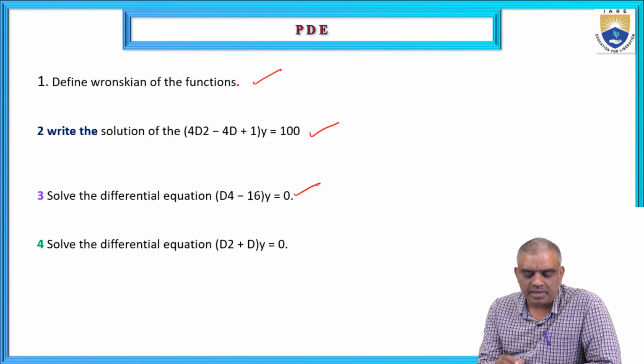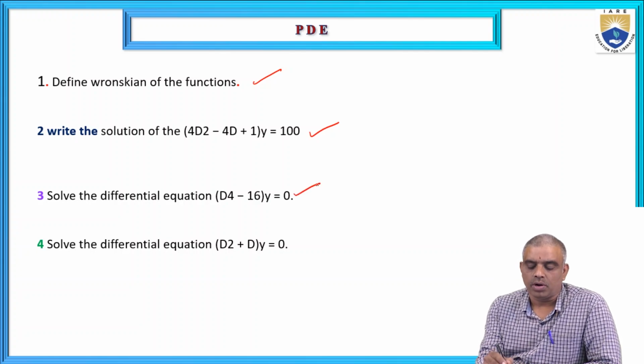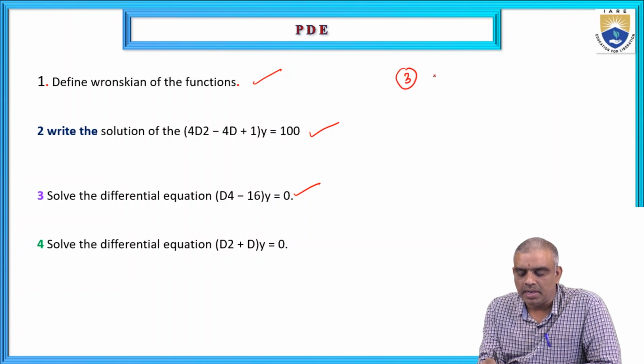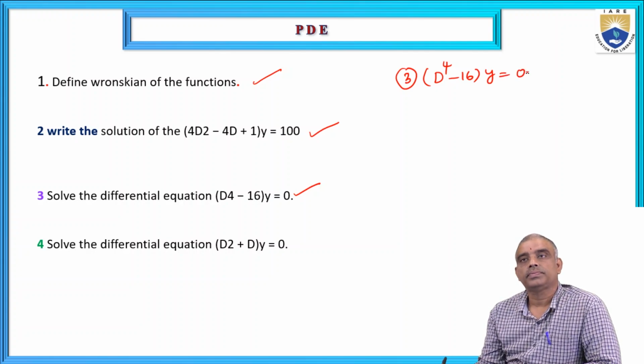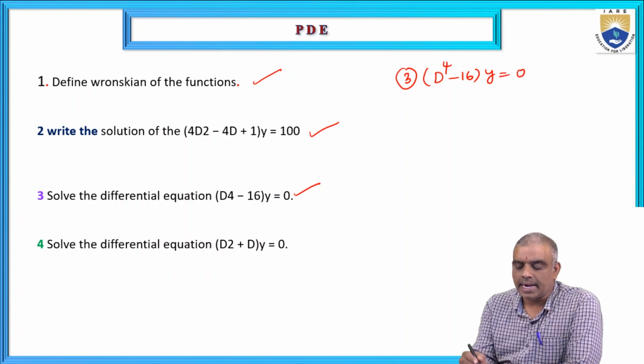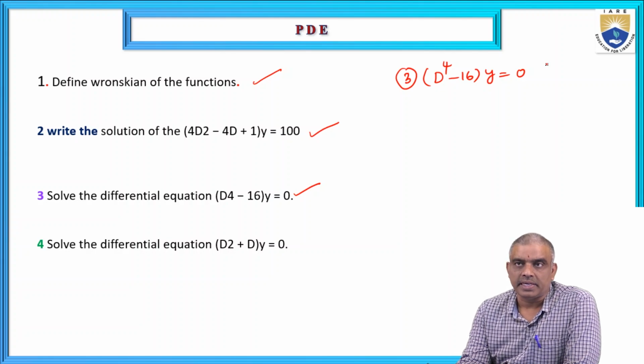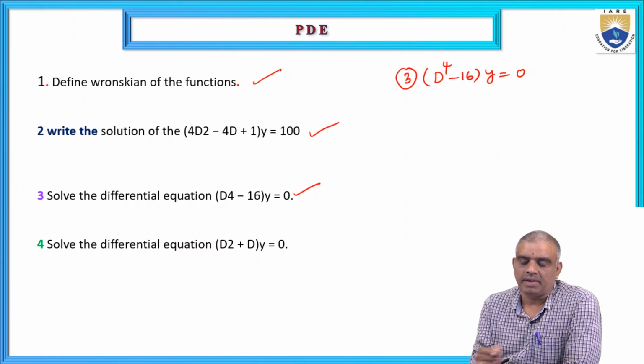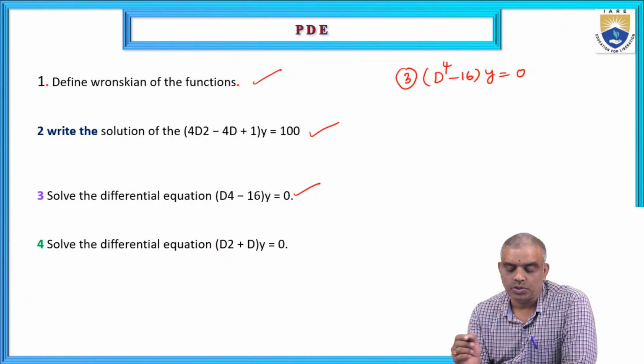Next, solve the differential equation. Third problem: D power 4 minus 16 of y is equal to 0. The right side is 0, which means the particular integral is 0. Only the complementary function will be the final solution.